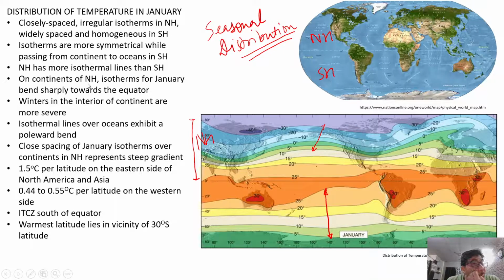Now, on the continents of northern hemisphere, the isotherms, on the continental part, they bend sharply towards the equator. So you can see here that in North America or Asia, the general trend is that the isotherms are bending towards equator. So what does this mean?